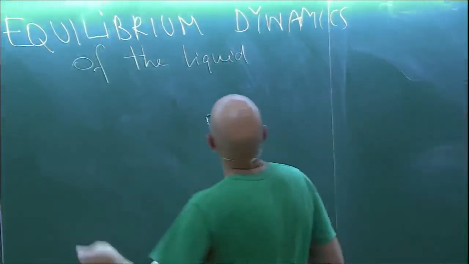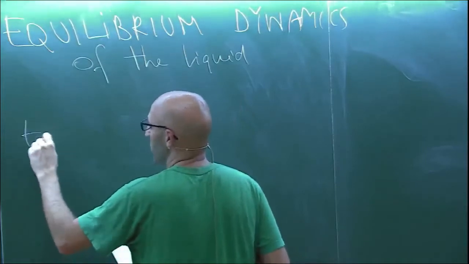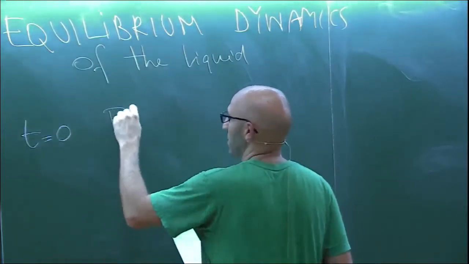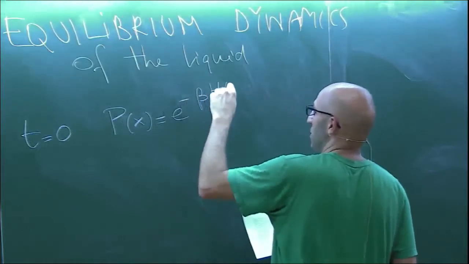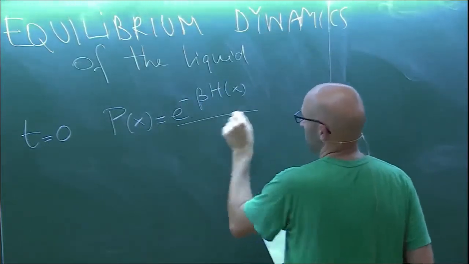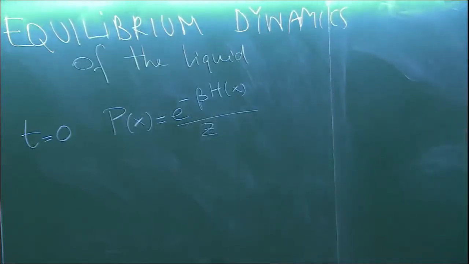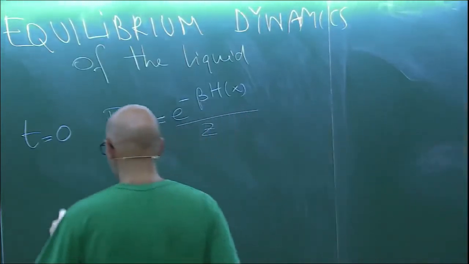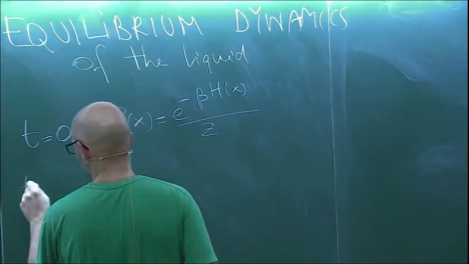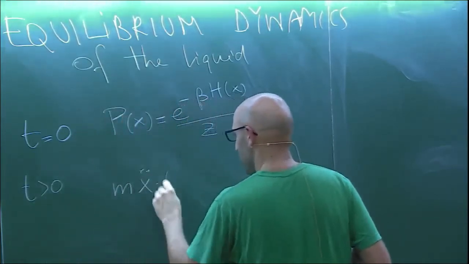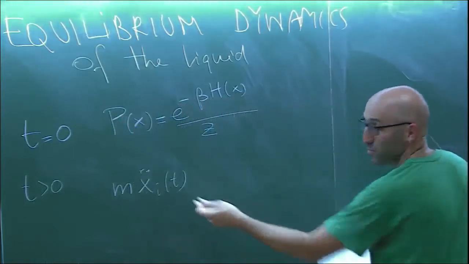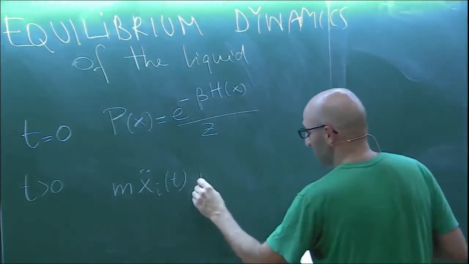Equilibrium dynamics means that I start at t equals 0 with probability that is exponential of minus beta h over Z, and then I run dynamics. The dynamical equation is going to be something of this form. x_i is the position of particle i. I have some inertia, I have some friction.